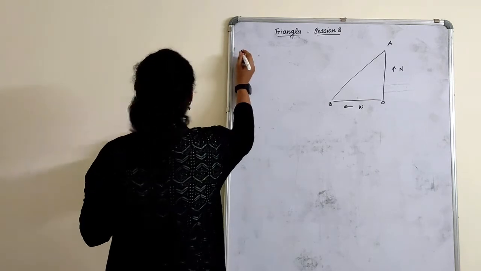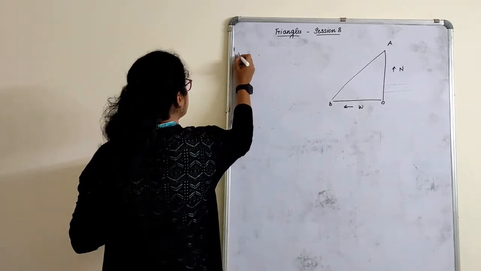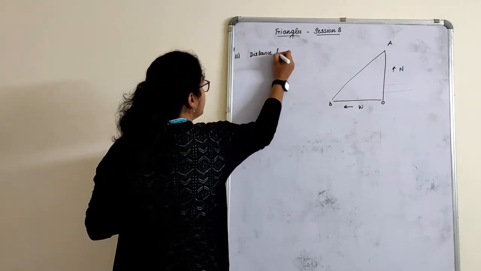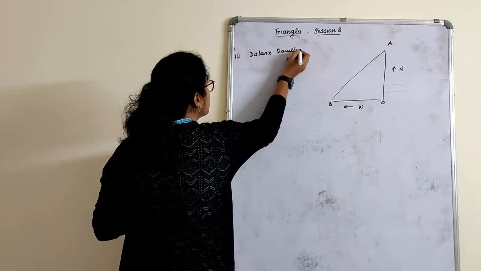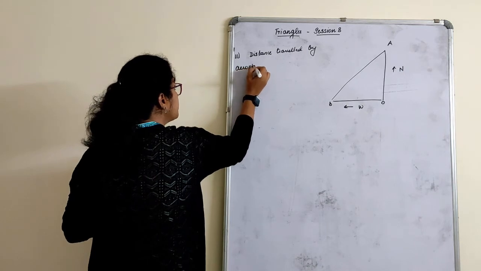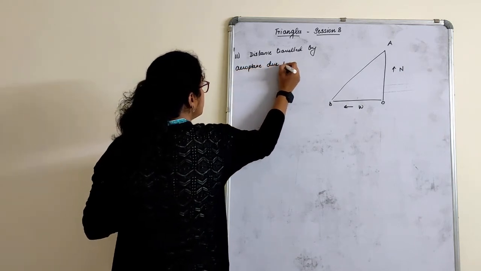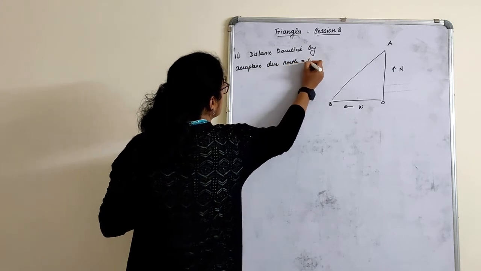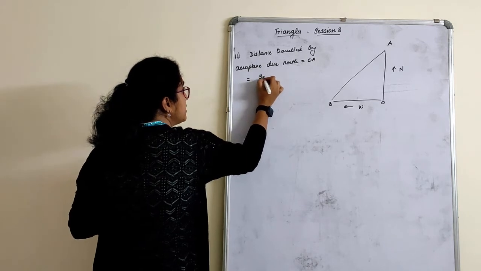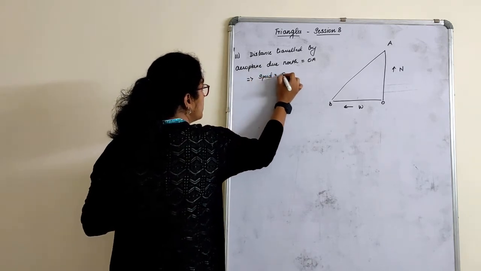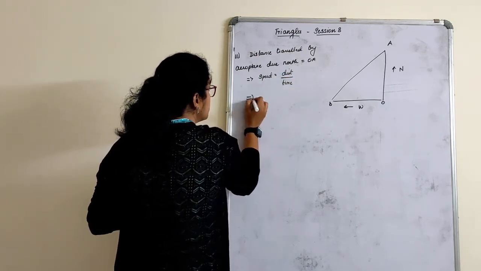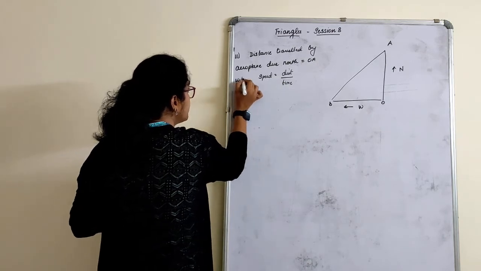Let's write. Question number 11. Distance traveled by aeroplane due north, that is OA, is equal to, now speed is equal to distance by time.